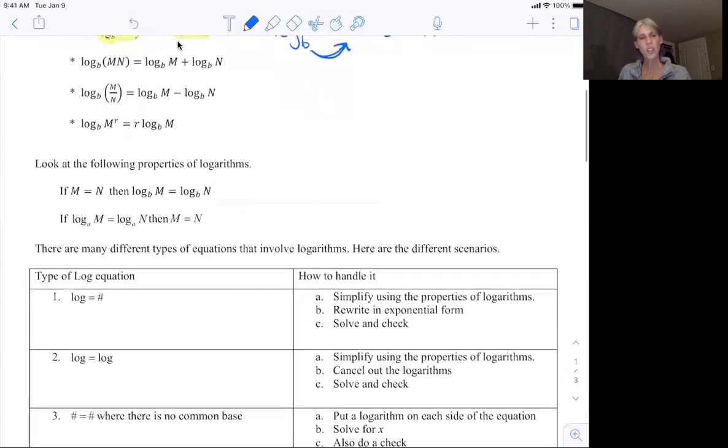Today, we're going to introduce a couple more properties. So if m equals n, then we can put the word log in front of each of them. Log base b of m equals log base b of n. This works with ln as well.